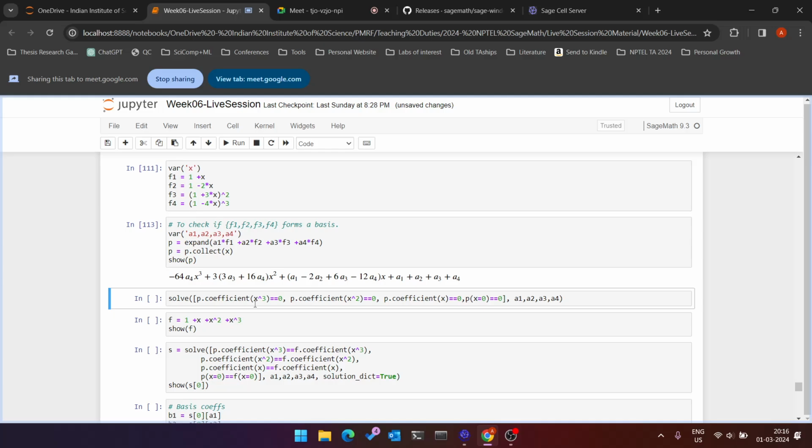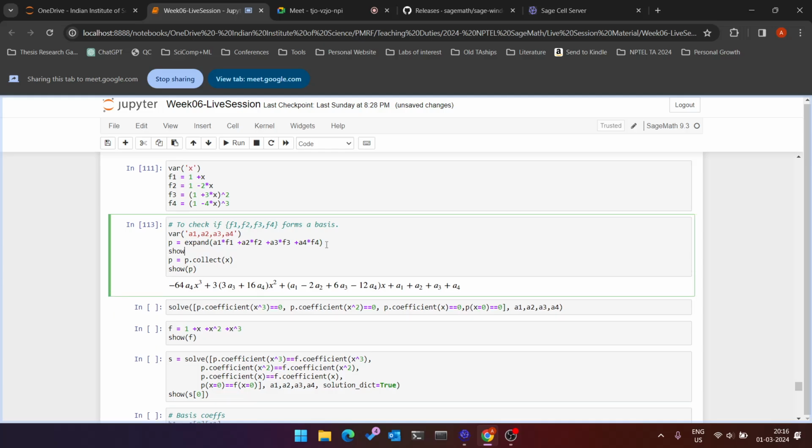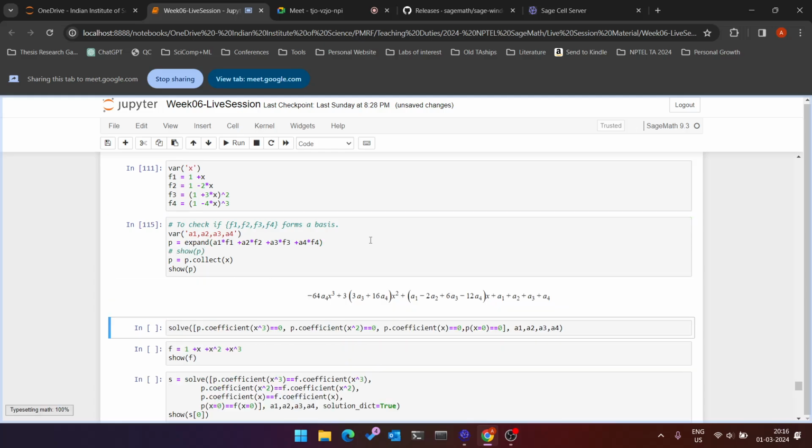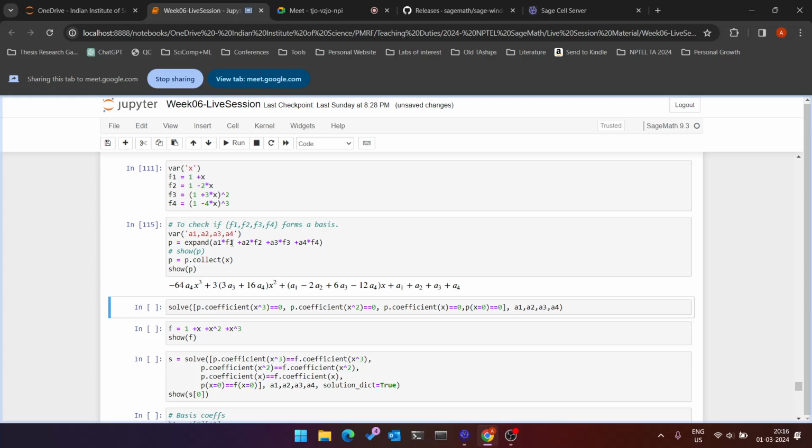Because if the linear combination a1 f1 plus a2 f2 plus a3 f3 plus a4 f4 goes to 0 only when a1, a2, a3 and a4 are all 0 at the same time, that basically means that f1, f2, f3, f4 are in fact linearly independent.